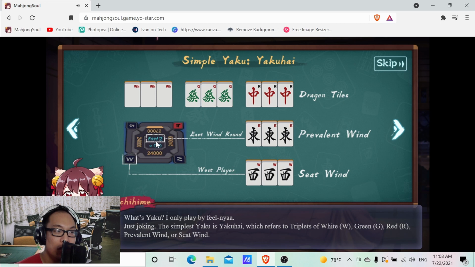You have to pay attention, because if it's South round, the triplet of the round is not East, it's South. I usually play East games whenever I play Mahjong Soul for you guys, so I don't usually worry about that much. However, if I'm playing with my friends, we usually play East and South. Just a little thing to keep in mind.